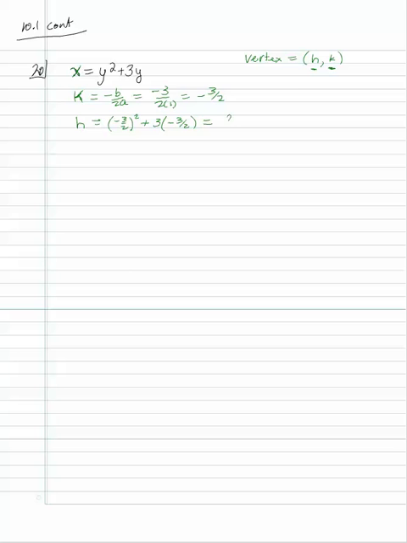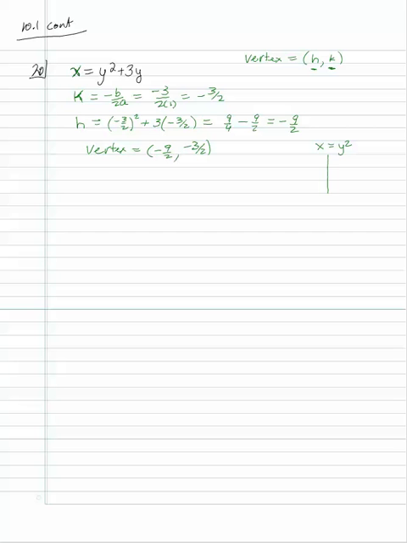So we get 9/4 minus 9/2, which is negative 9/4. So my vertex is h is negative 9/4, k is negative 3 halves, and it's going to have that same shape, x equals y squared.